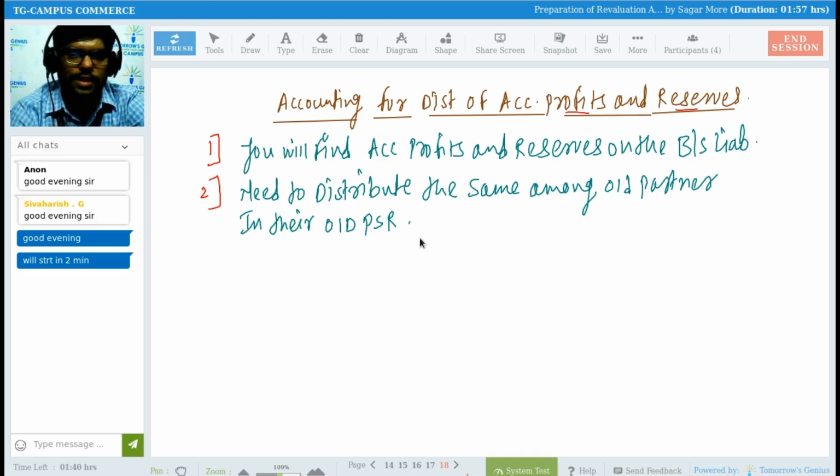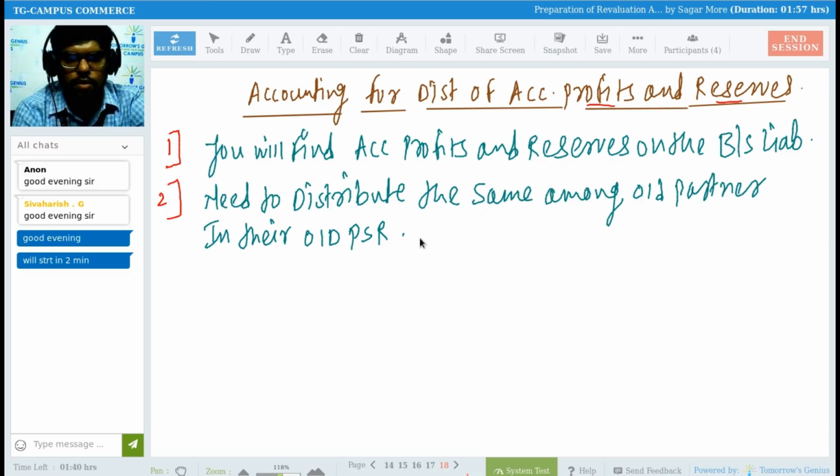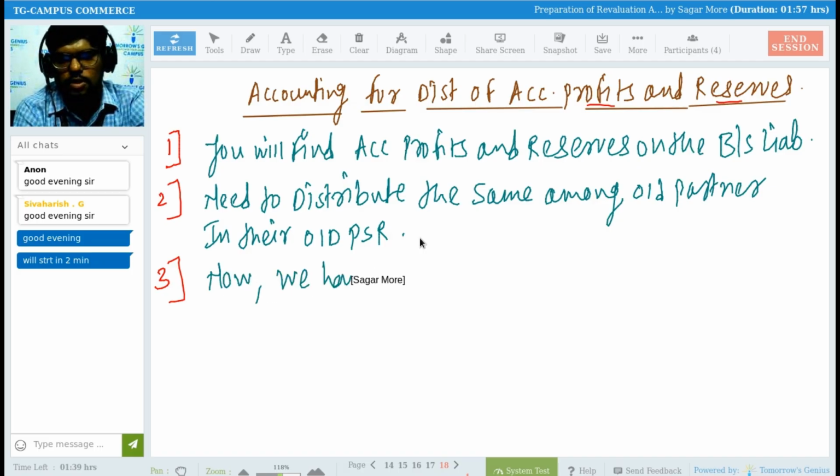Understood these? Now, third thing, what do we have to do? We have to do accounting. So what is accounting? Now we have to pass a journal entry for the same.